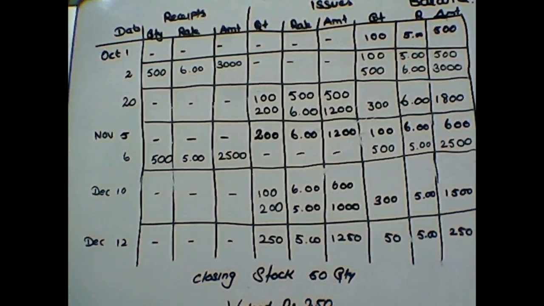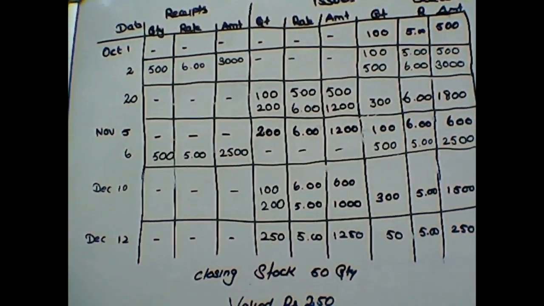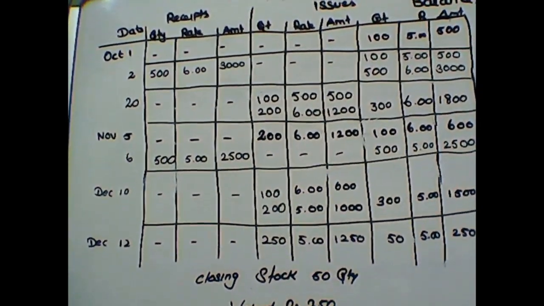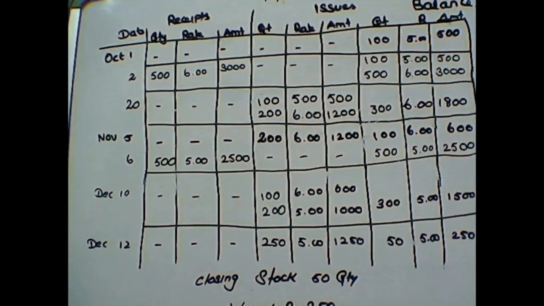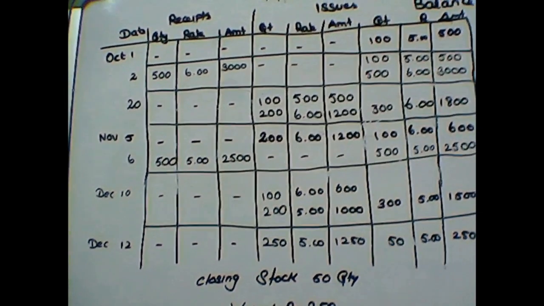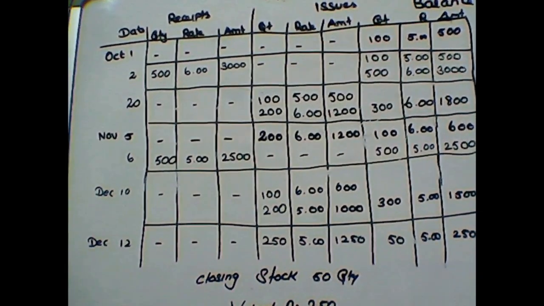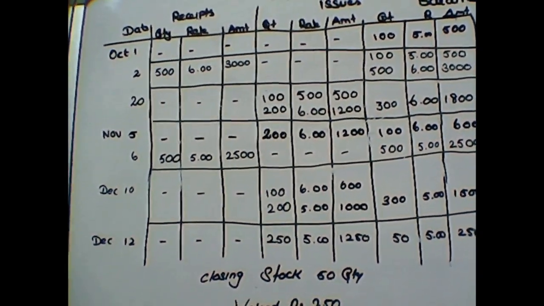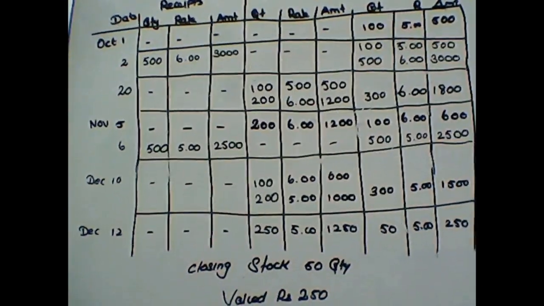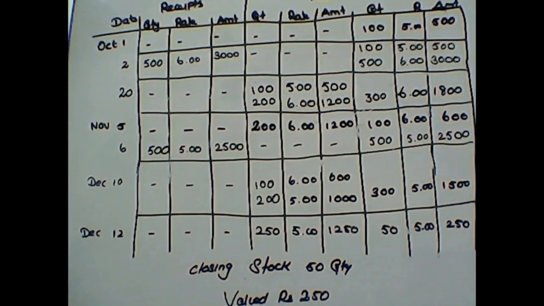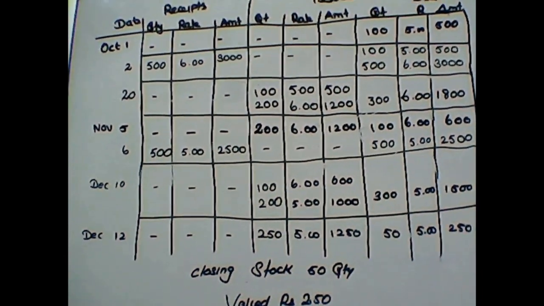So first we take the first slot and do these calculations, and after that we will get the closing stock. We have to deduct all the items given in the issue column from the balance. Finally we will get the closing stock, and we can record the value for the closing stock also. So this is the first in first out method.